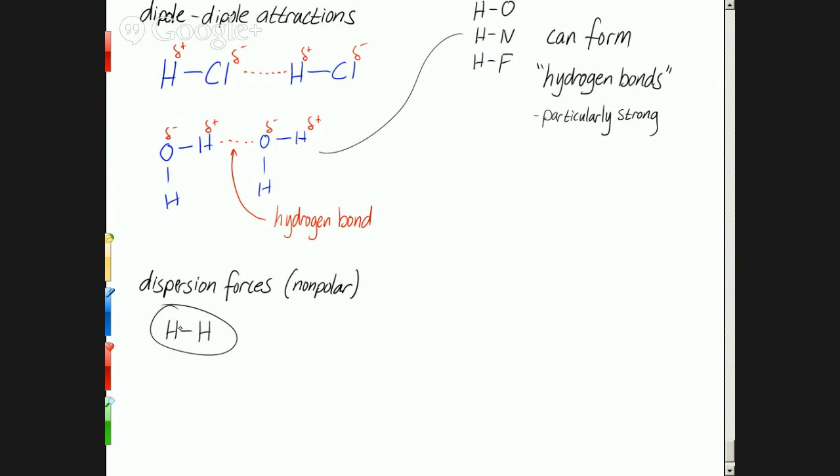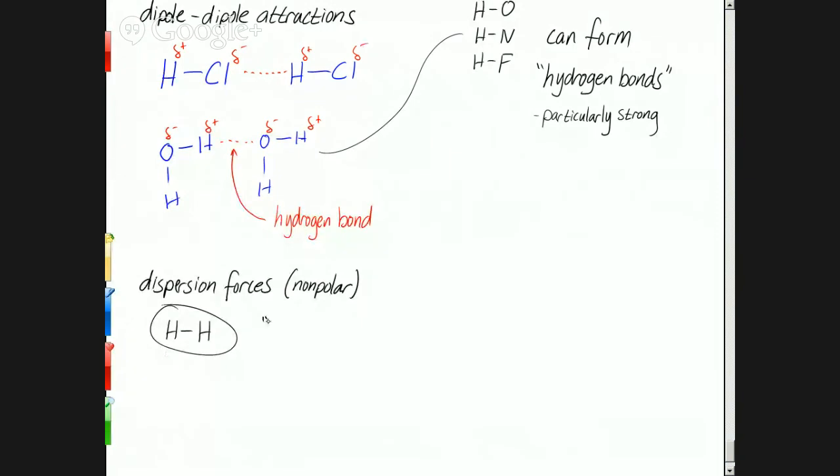In individual instances, the electrons might find themselves a little bit more on one side than the other, and that will lead to a very slight, very temporary separation of charge. So at any given time, there might be a little bit of positive over here and a little bit of negative over here. And that's actually enough to start holding these molecules together.